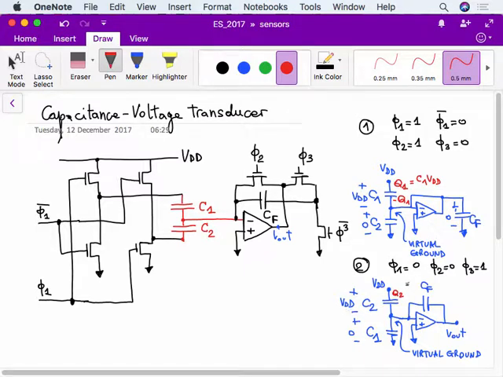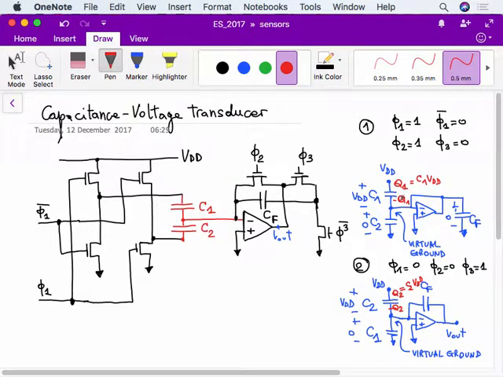So the operational amplifier output can provide all the charge that we need. In the second phase, we have C2 at VDD, so there's a charge on the top plate which is Q2 equal to C2 times VDD, and there is a charge minus Q2 here, okay?